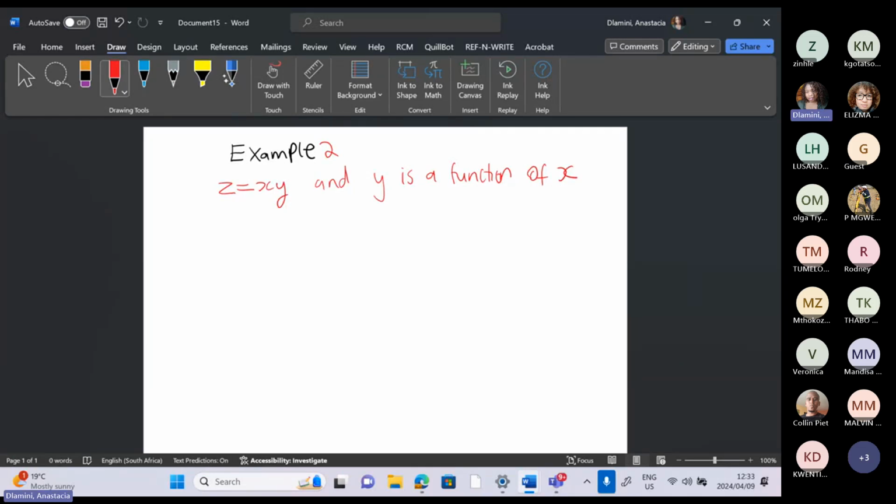So every time they say y is a function of x, multiply with dy over dx, basically. Are we all together there? Yes, ma'am.